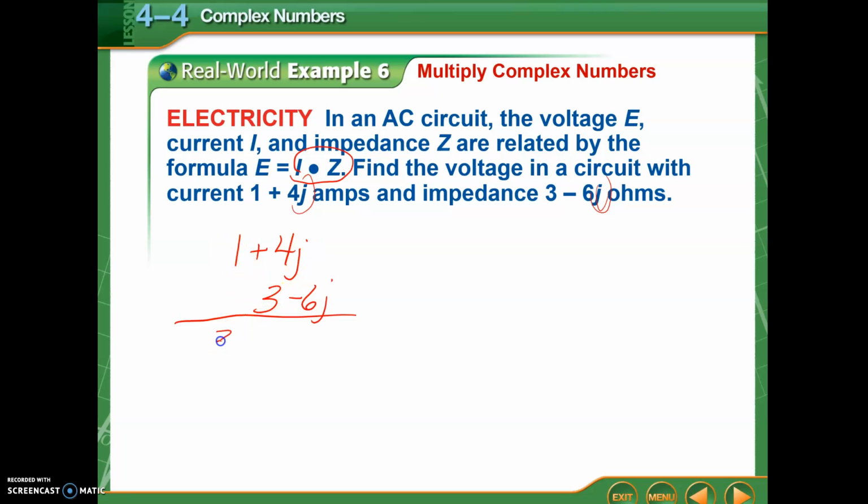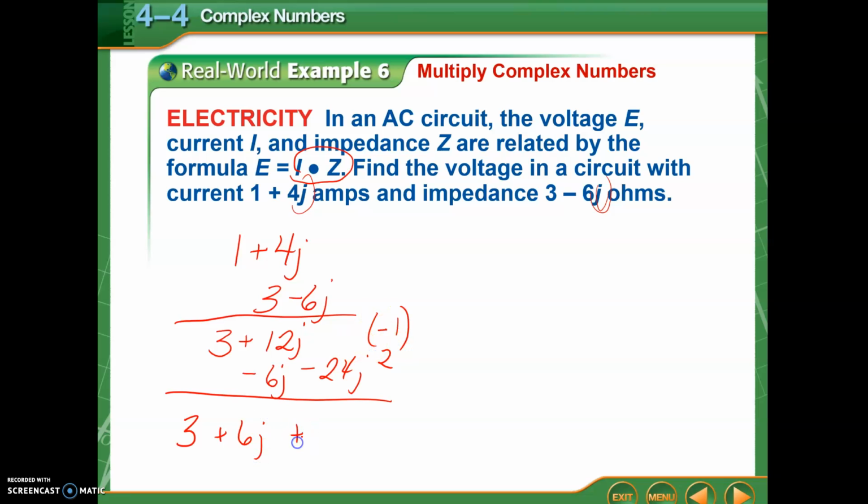So 3 times 1 is 3, 3 times 4j is 12j, and then negative 6 times 1 is negative 6j, and put that right underneath there, and negative 6 times 4j is a negative 24j squared. So again, this is 3, 12 minus 6 is 6, and then my j squared is still a negative 1, so plus 24, and then put my 24 and 3 together, so 27 plus 6j.